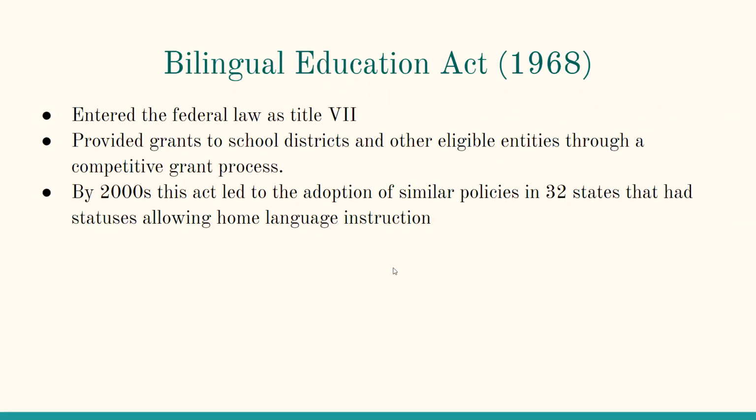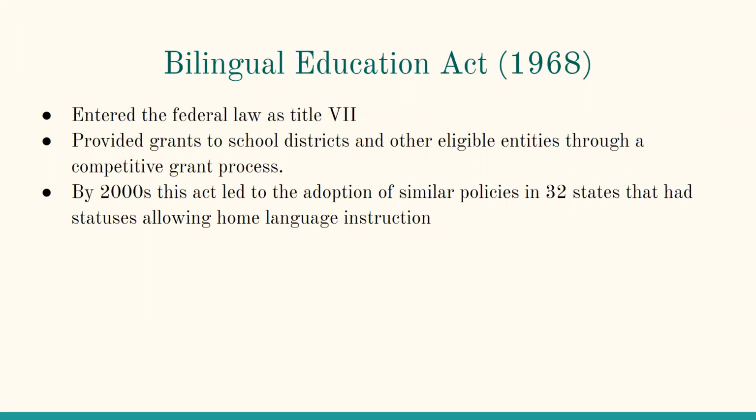The second act that I found was the Bilingual Educational Act of 1968. This was entered as a federal law, so again, there's that federal, all states have to follow, as Title VII. This provided grants to school districts and other eligible entities through a competitive grant process. Now, by the 2000s, this act led to the adoption of similar policies in 32 states that had statutes allowing home language instruction.